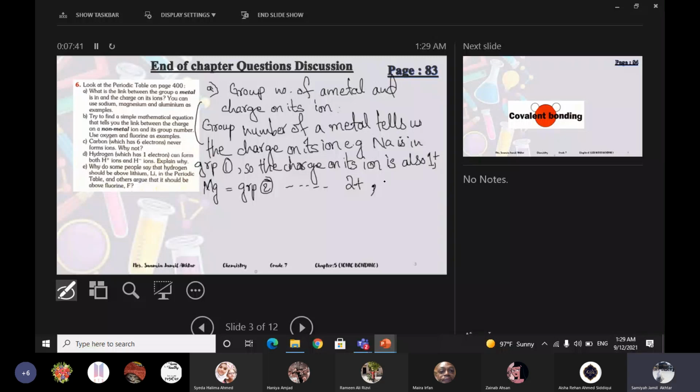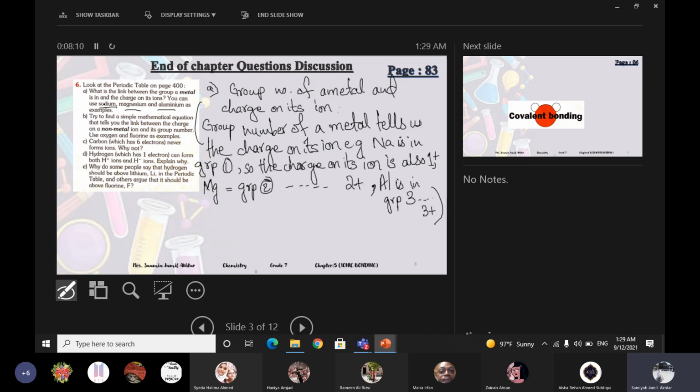I'm not writing it in full; you have to make up a sentence. Aluminium is in group 3, so the charge on it is also 3 plus. They're saying you can use sodium, magnesium and aluminium as examples, and tell that the group number tells us about the charge on the ion.